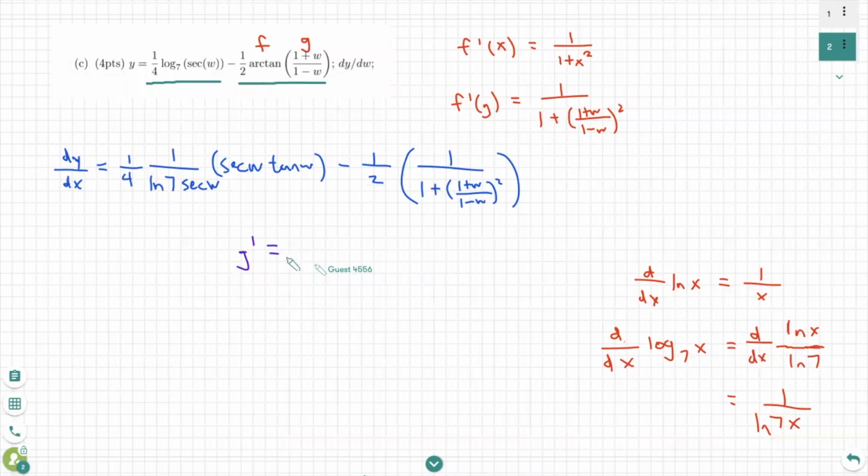The derivative of 1 plus w times 1 minus w, minus the derivative of 1 minus w times... So the derivative of 1 plus w, is that just 1? Yeah. So 1 times 1 minus w minus negative 1 times 1 plus w, over 1 minus w squared.